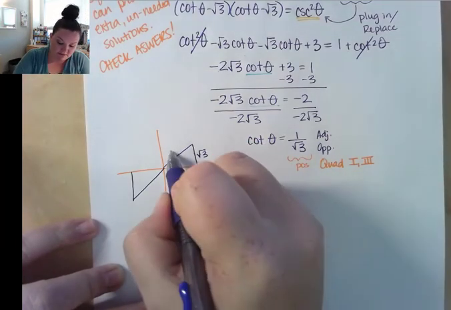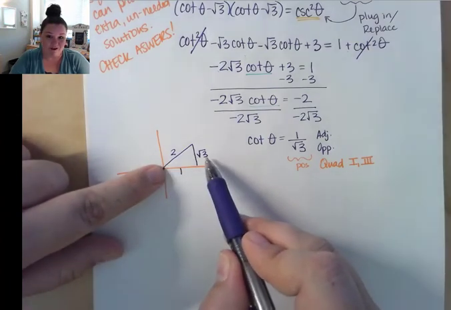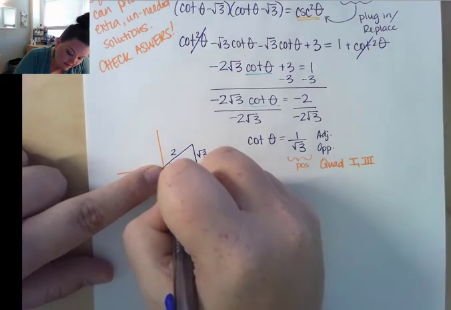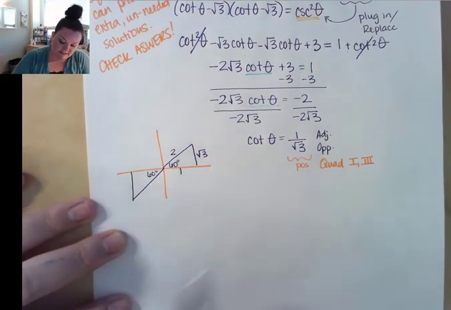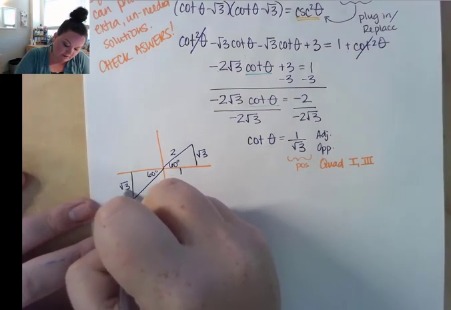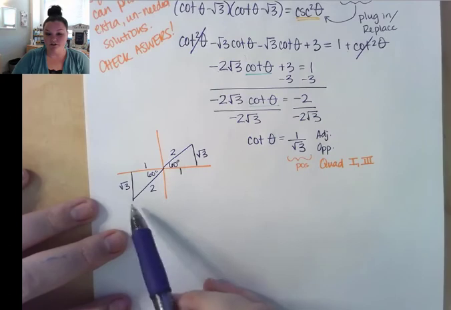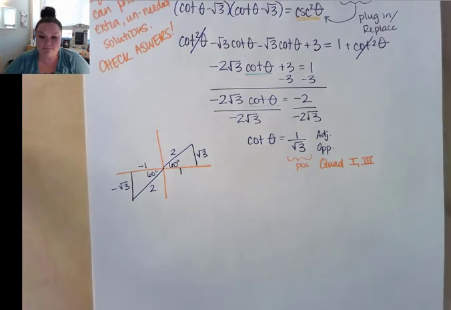Which means that my hypotenuse has to be 2. And the angle that is opposite square root of 3 is a 60-degree angle, right? So this is a 60-degree angle, which means that this reference triangle is going to be a 60-degree angle as well, right? This is a 1. But the only difference is since I'm in quadrant 3, this is going to be a -1 and a negative square root of 3, right?